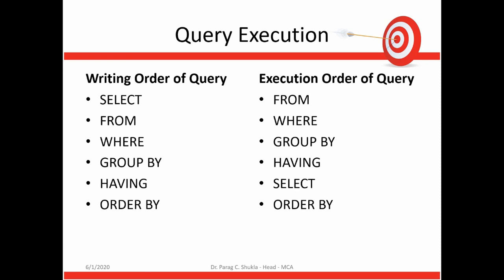Whenever you want to use an alias in ORDER BY you can, because SELECT executes before ORDER BY, but you cannot use the alias name in the WHERE clause, because whenever WHERE is executed, SELECT is not executed yet. So if you want to do this, you just need to convert your query into brackets and then execute it. So this is the execution order and this is the writing order.